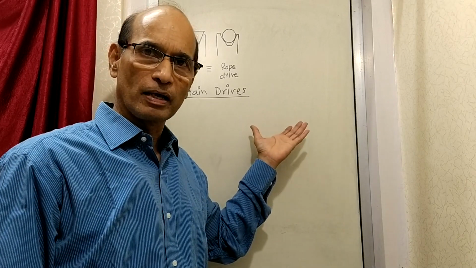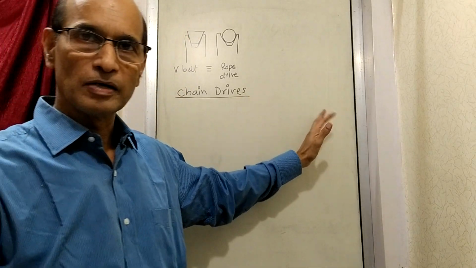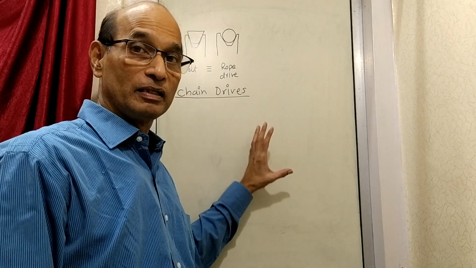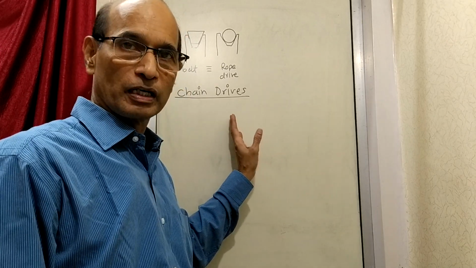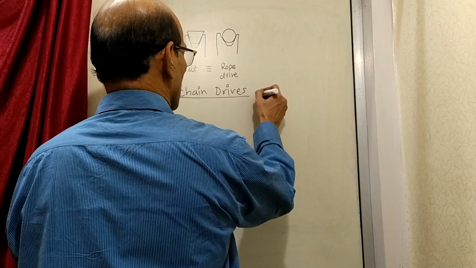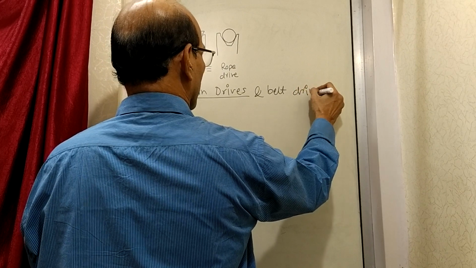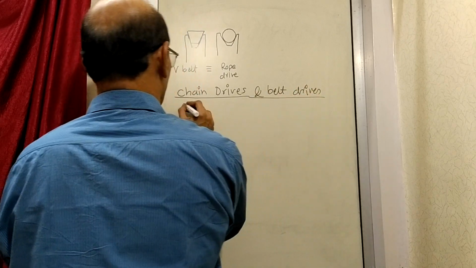So essentially our exercise will consist of comparison of chain drives and belt drives. That way we will understand what are the different things which exist for the chain drives as compared to the belt drives. So I'll write here chain drives and belt drives comparison.